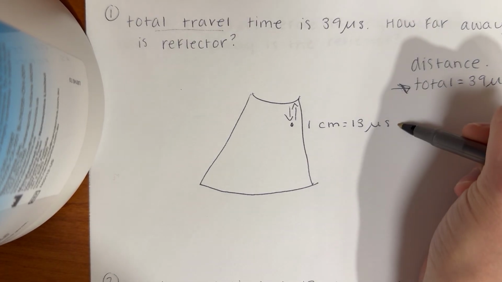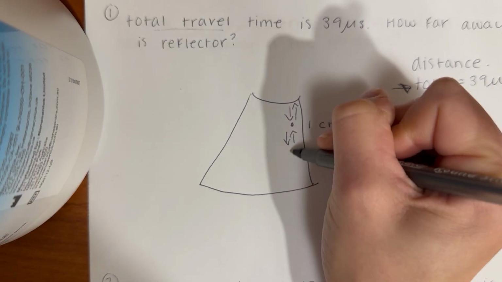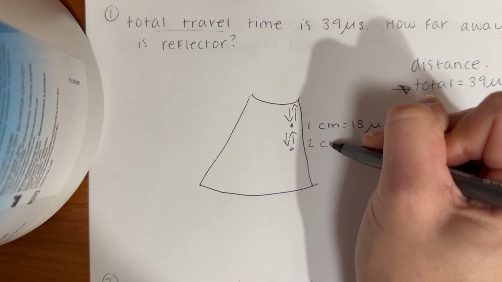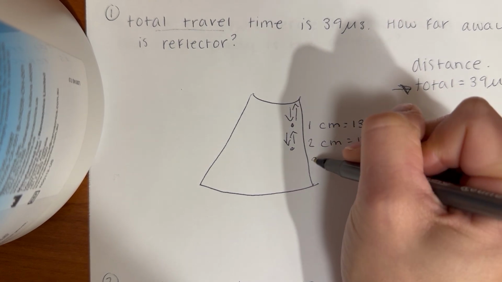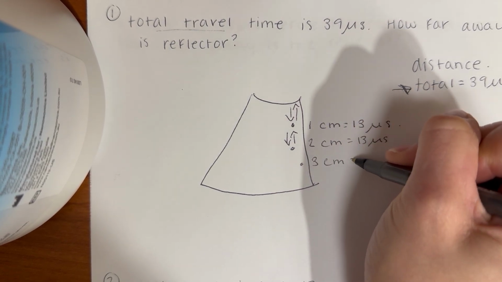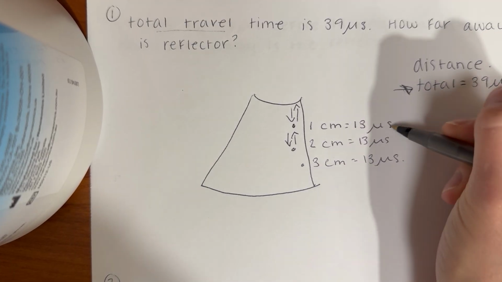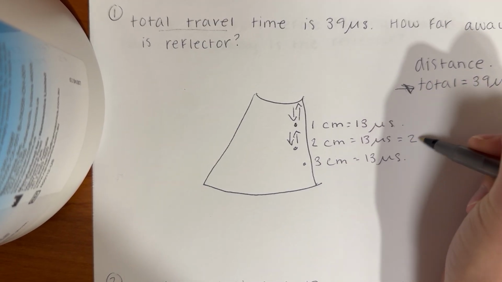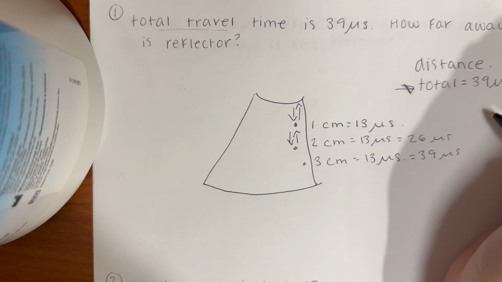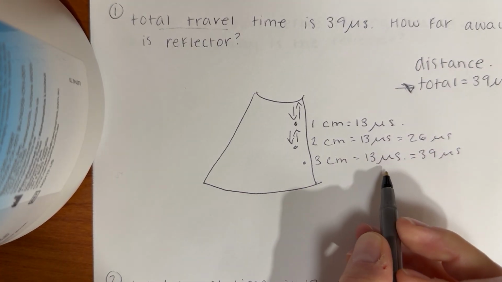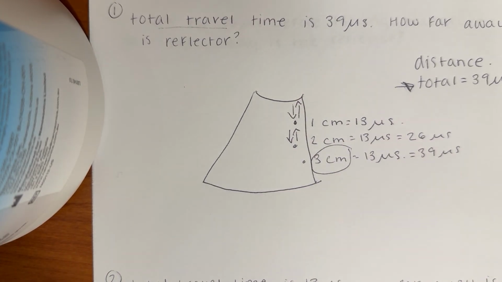So 13 microseconds to get 1 centimeter, 13 microseconds to get another centimeter, 13 microseconds to get a third centimeter. So we went 13, this would be 26, this would be 39, and we know that the distance that we went total is 3 centimeters.